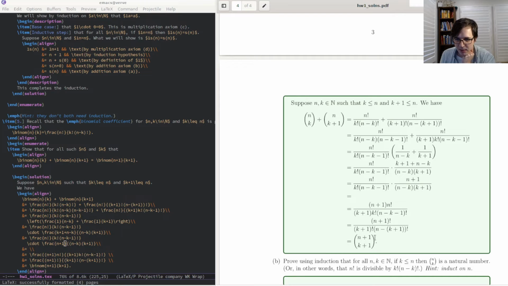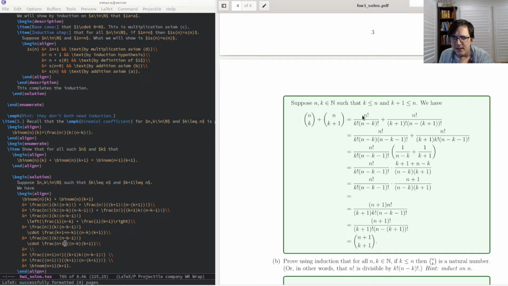Okay, well, let's check backwards first, because there's less going on. So we've got n plus 1 factorial, k plus 1 factorial, n minus k plus 1 factorial. So we get n minus k minus 1, and a k plus 1 factorial, k plus 1 times k factorial, and n plus 1 times n factorial. So far, so good there.